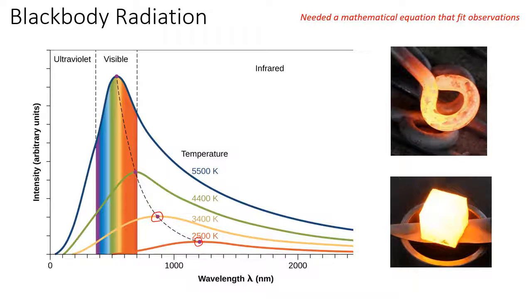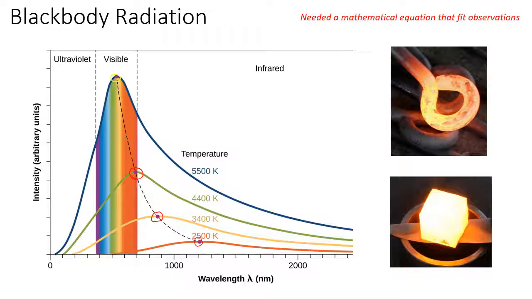Once we reach 4400 Kelvin, the peak intensity is in the red of the visible portion of the electromagnetic spectrum. And once we get up to 5500 Kelvin, the peak intensity is very high and it's in the yellow-green portion of the visible spectrum. Therefore, the peak intensity changes depending upon the temperature.